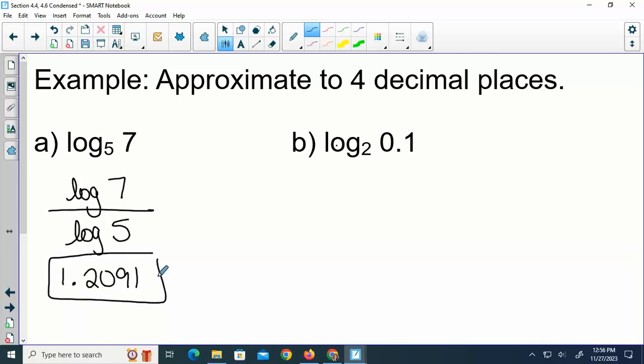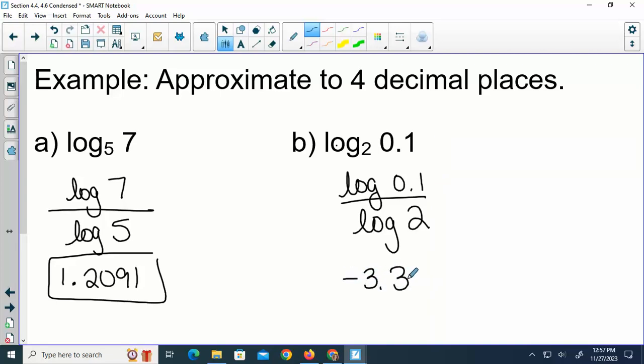If you do the natural log, you get the exact same thing. So it doesn't matter, but you need to change it to one of those two. So how would I set up this one? So that's the work that I would require. And we get 3.3219.